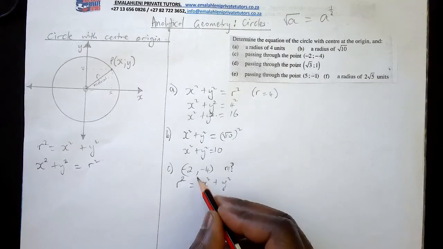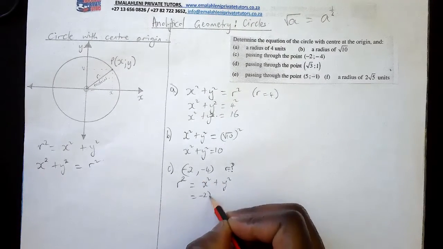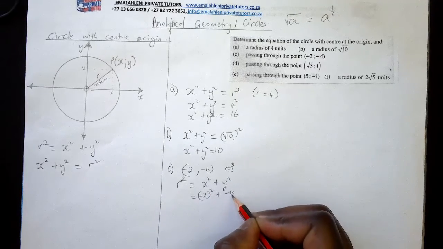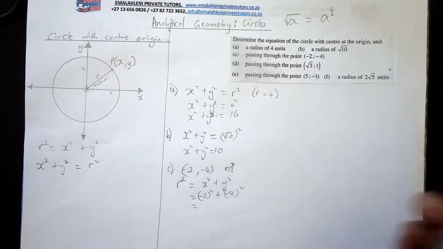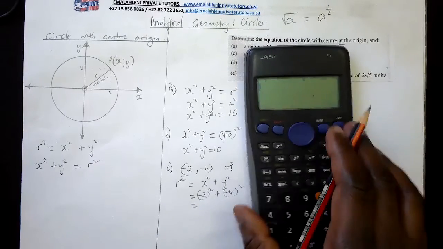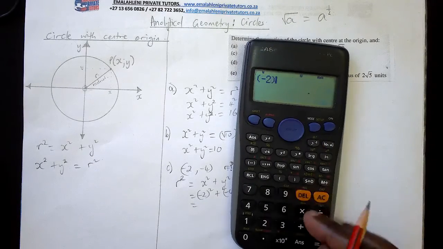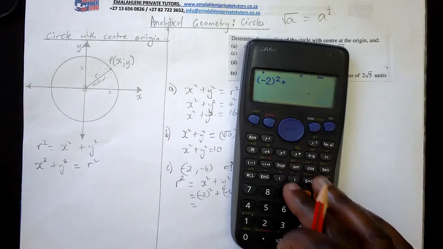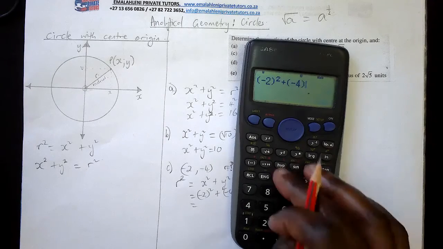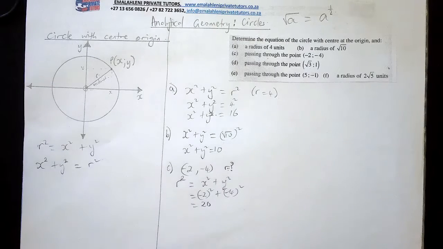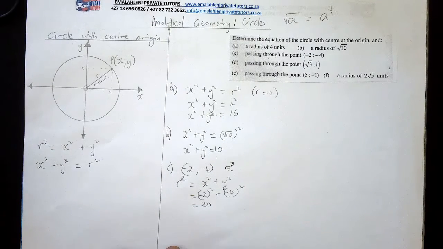What is X squared here? X is equal to -2, squared. What is Y squared? Y is -4, squared. We get (-2) squared plus (-4) squared, which is 20. So our R squared is equal to 20.